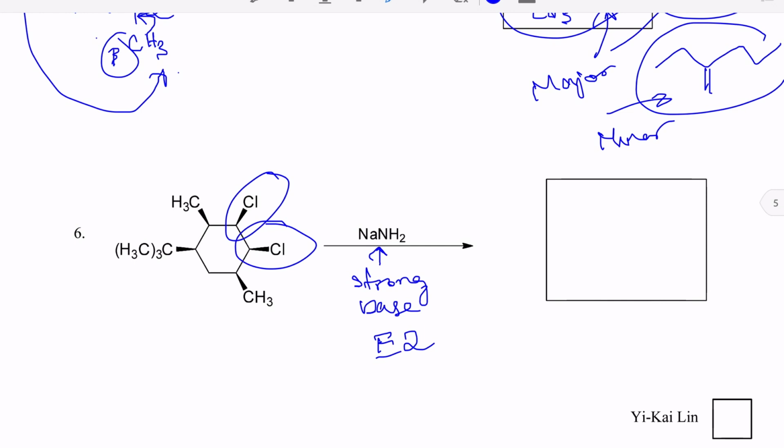There are multiple halogens that can be removed, and we're trying to find the right one to remove. So let's try and figure that out.